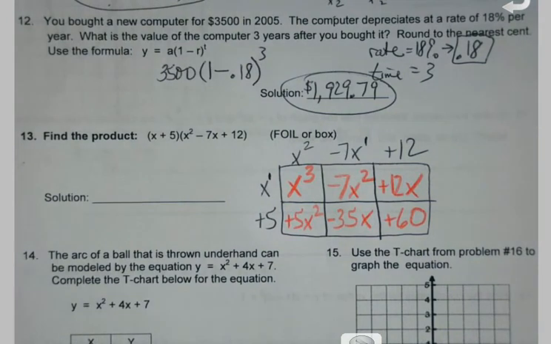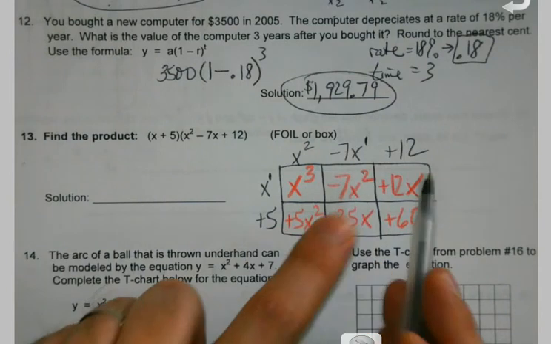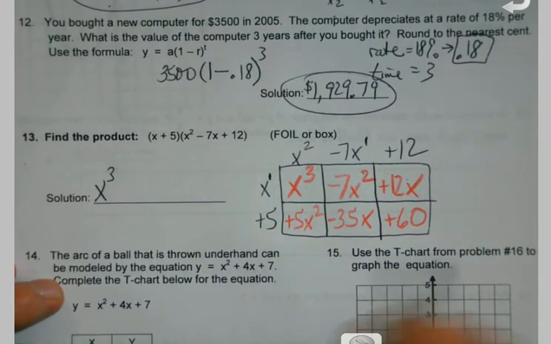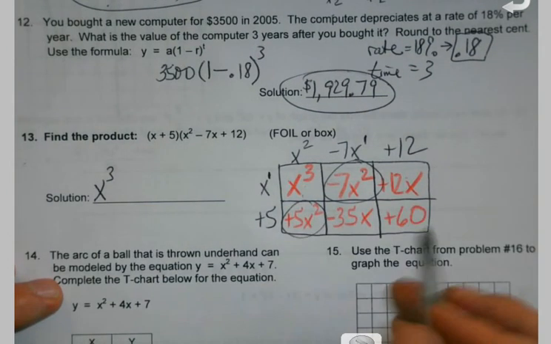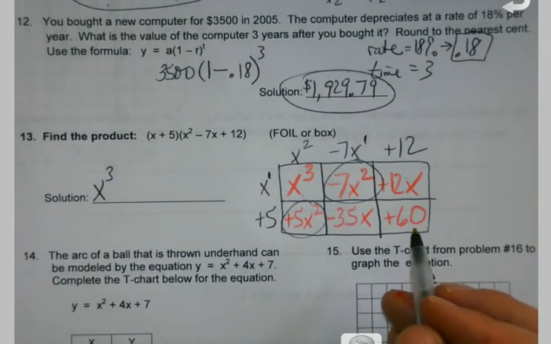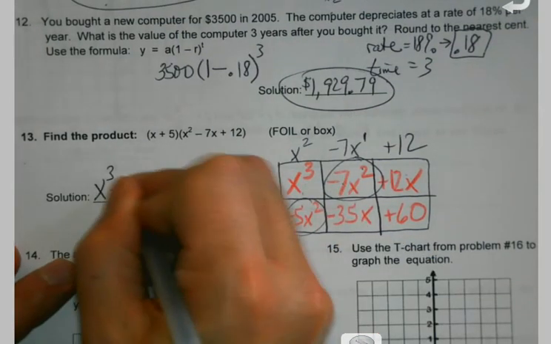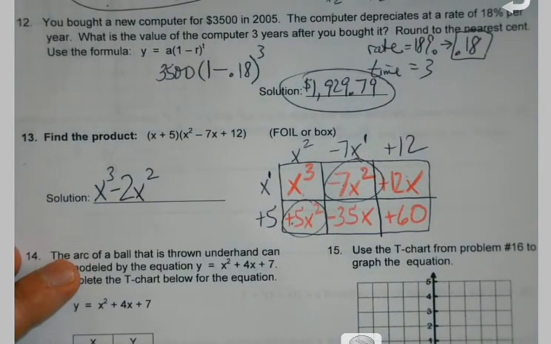And here's what I meant by the box organizes everything for you. If I start in the upper left corner, there's my x cubed. There's both my x squareds. Again, we're just combining like terms now. So if I got $5, oh, I went and spent 7, I'm 2 in the hole. Notice I didn't change my exponent, only when you're filling the box.